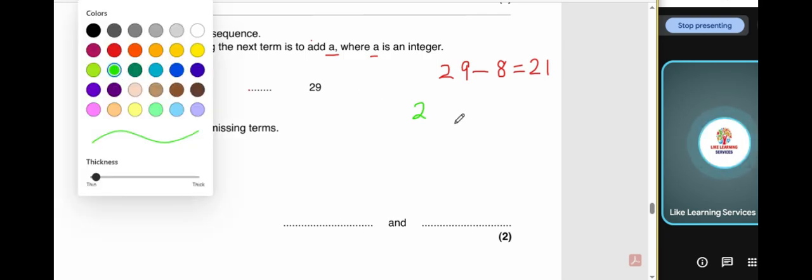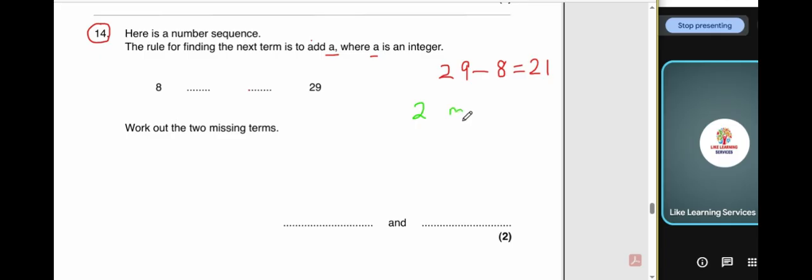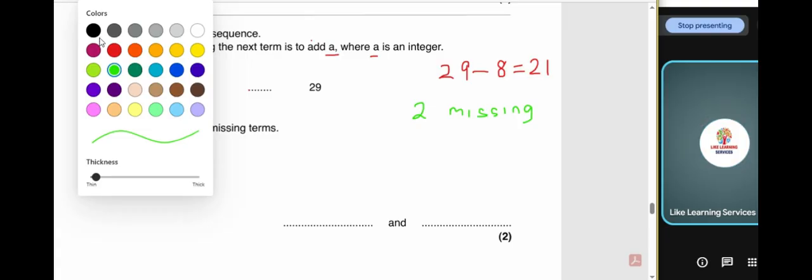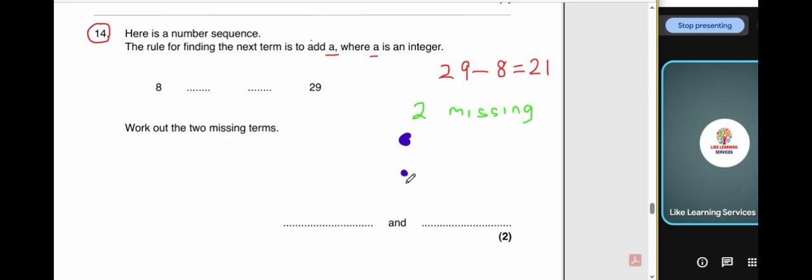Once you have a particular number of missing terms, add 1 to it and divide by it. 2 missing, so we divide by 3. Let me make it bold. Divide by 3.